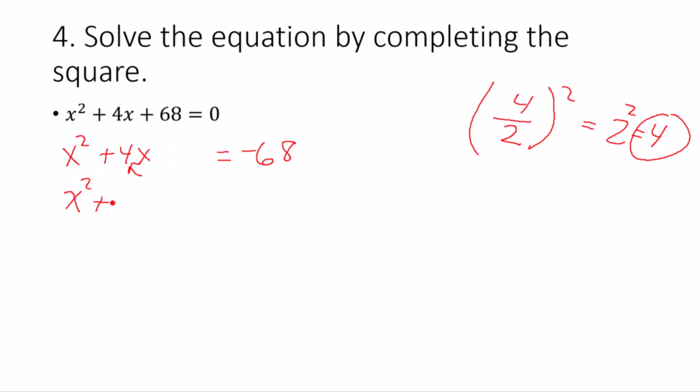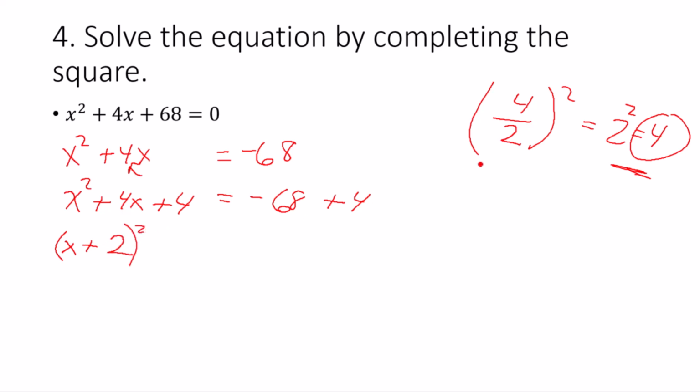So we've already got the x squared plus 4x, and the number we're going to add is this number over here of 4. On the right side, we've already got a negative 68, and we'll add a 4 to that. Okay, what do we have? Well, we completed the square. What square? The square that we get from x plus 2.